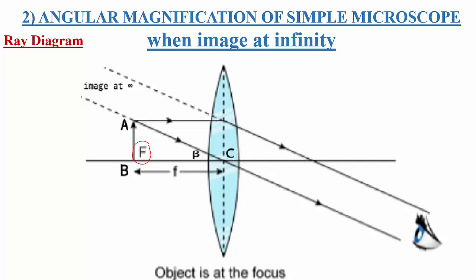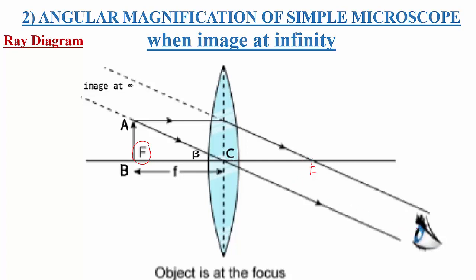Then come to the second ray of light. When it falls on the convex lens, two times refraction of light takes place, so that this refracted ray passes through the principal focus F. Now you can observe these two refracted rays. These two refracted rays are not converging. Instead of that, they are traveling parallel to each other.